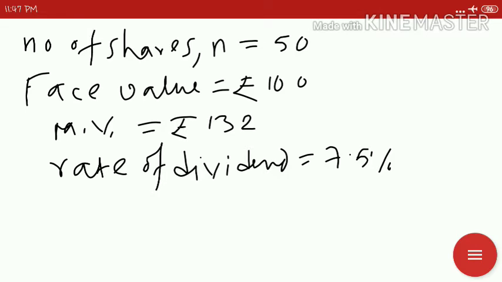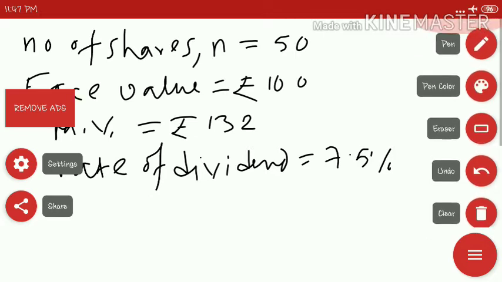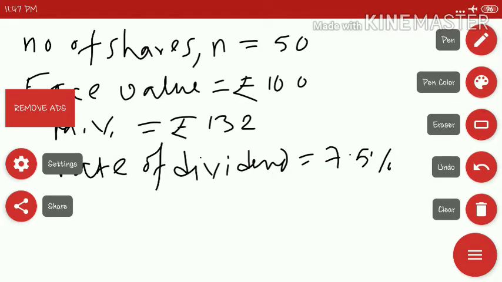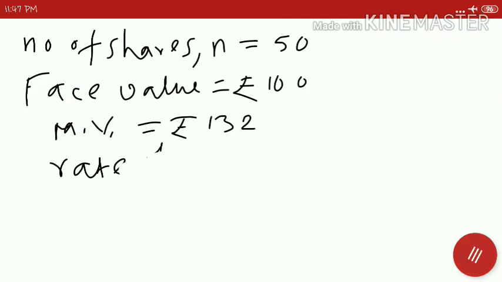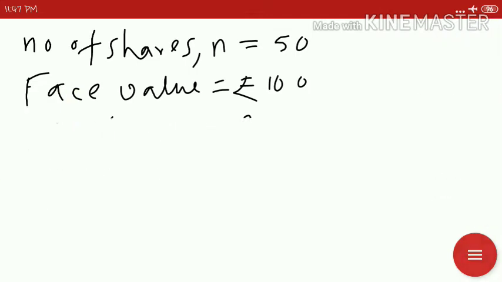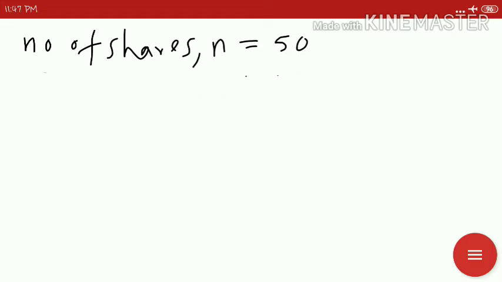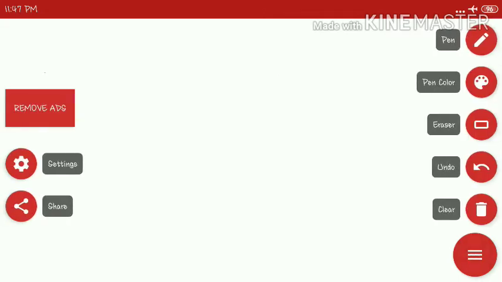Now we need to find out first the investment. What is the formula of investment? To find the investment, the formula is: investment equals number of shares into market value. We have the number of shares as 50, and the market value as 132.